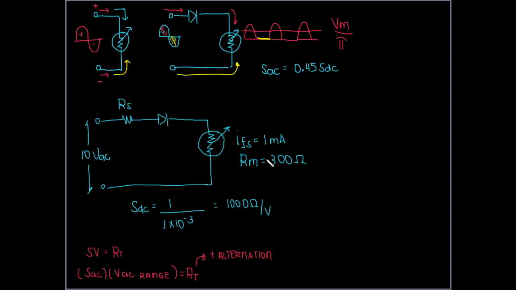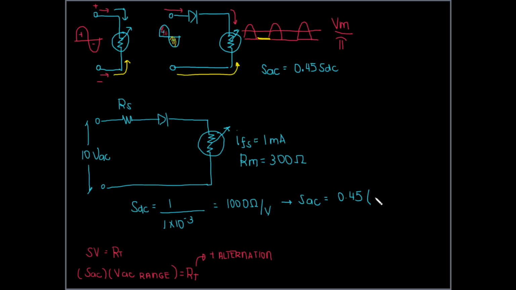So applying what we know, since DC sensitivity is 1000 ohms per volt, we can now solve for the AC sensitivity. Again, I usually mess up my brush size. There. We can now solve for our AC sensitivity, which is equal to 45% of your DC sensitivity.